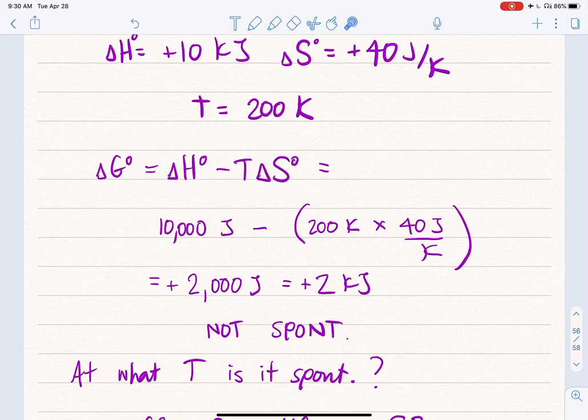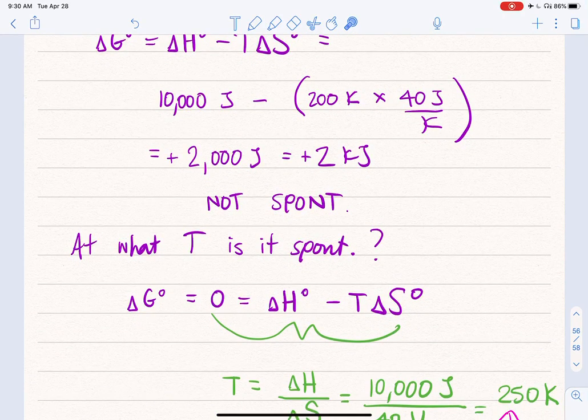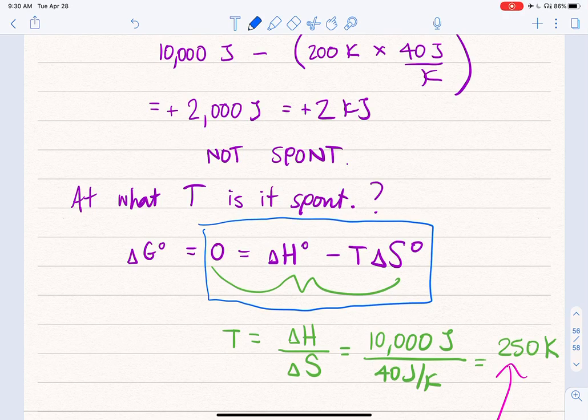So, once again, to find the border between positive and negative, we set delta G equal to 0, and then we can plug in our values for delta H and delta S. What I'm going to do is rearrange the equation to solve for T.